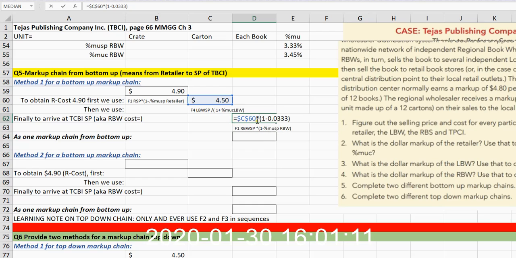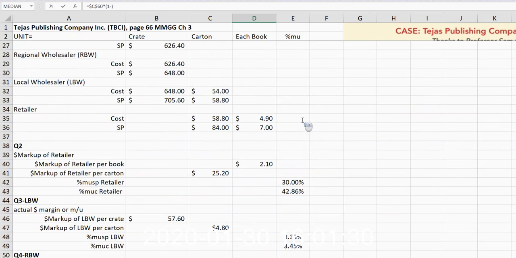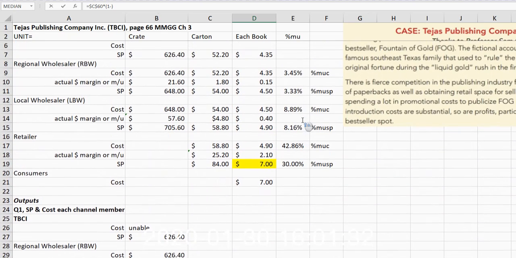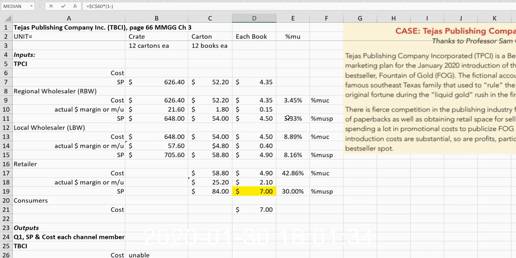And if we were to go up to, let's get the address here. We need to go capture the address for that. So it should be this outcome times 1 minus the percent markup on sales price by our regional wholesaler. Okay, parentheses close.